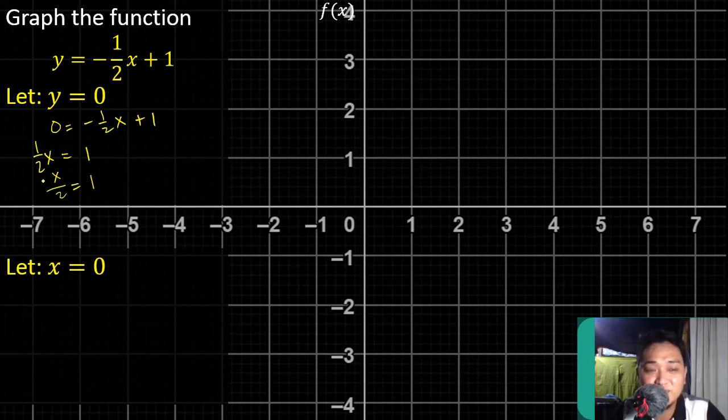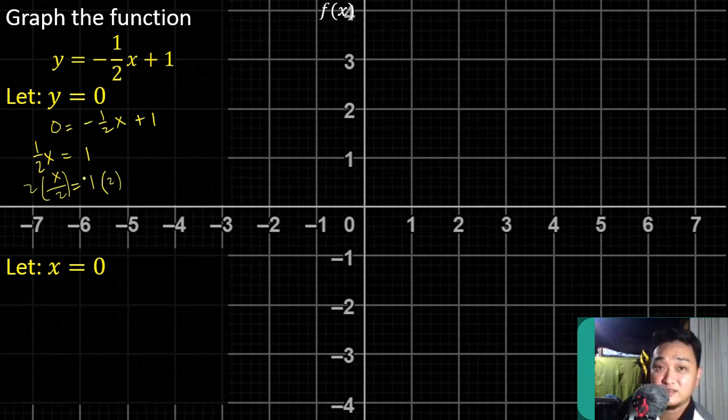Kung matatandaan niyo po from grade 7, that is simply multiplying both sides by 2. So, what I'm trying to say is, whenever you multiply here 2, you should multiply here also 2 para manatili siyang equal.